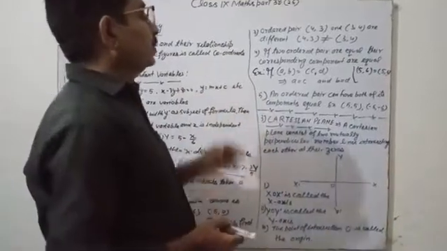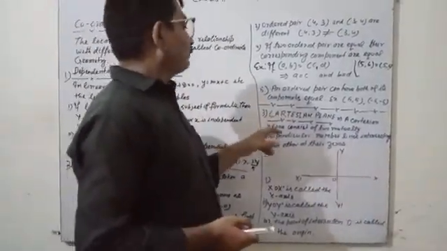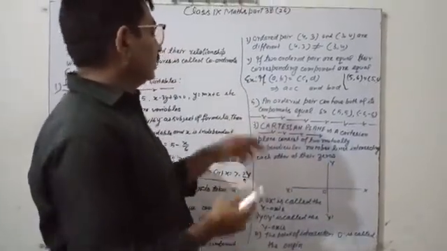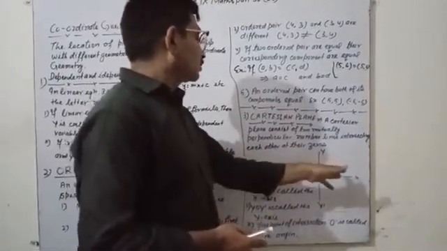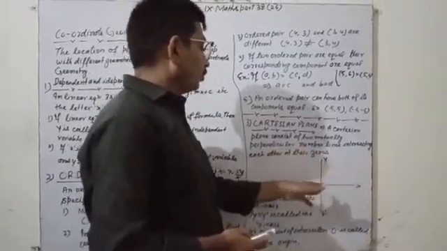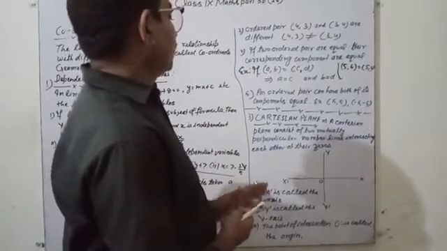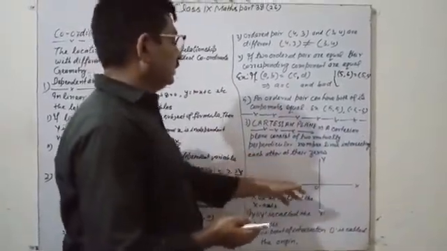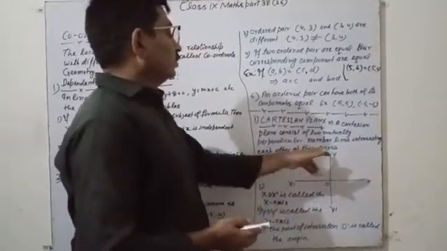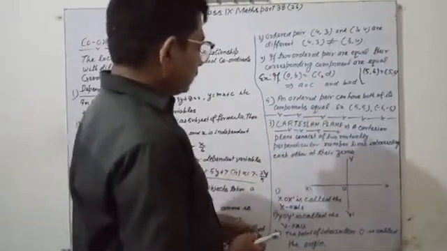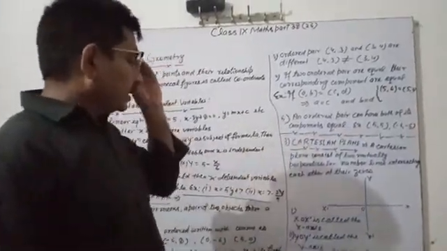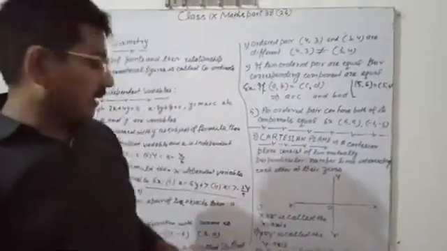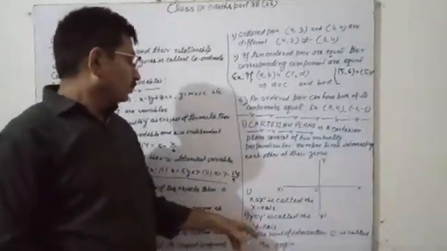Cartesian plane. What is a Cartesian plane? A Cartesian plane consists of two mutually perpendicular number lines, such as in the figure: the horizontal line XOX dash and YOY dash are perpendicular number lines intersecting each other at their zeros, O. Therefore, we can say the horizontal line XOX dash is called the x axis and the vertical line YOY dash is called the y axis.